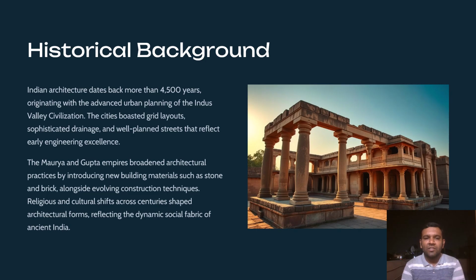Alongside evolving construction techniques, religious and cultural shifts across centuries shaped architectural forms, reflecting the dynamic social fabric of ancient India. This is the historical background of Vastu Shastra and the ancient Indian system of construction.